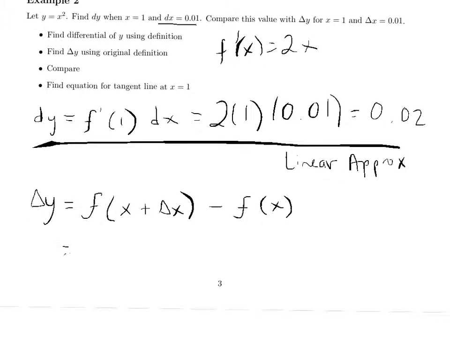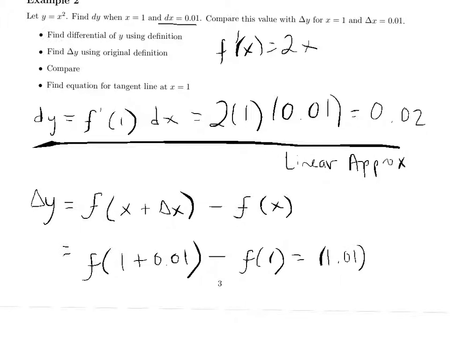In this case it would be f of 1 plus 0.01 minus f of 1. If we plug this in, we know what f is, it's x squared. So it's 1.01 squared minus 1 squared.